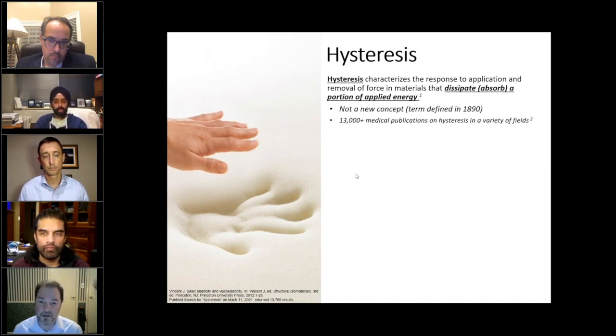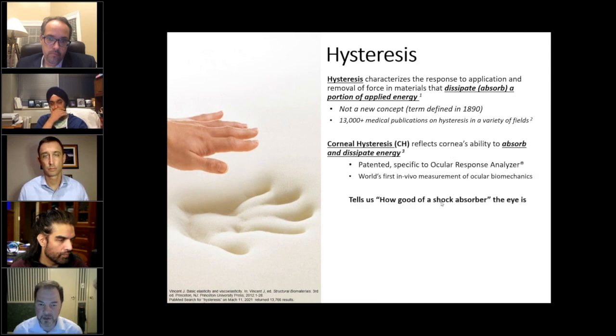The term was coined in 1890 by a Scottish physicist, and it's not new in medicine either. If you go up on PubMed and type in the word hysteresis, you'll find something like 13,000 publications that discuss the term hysteresis. Corneal hysteresis specifically reflects the ability of the cornea to absorb and dissipate energy.